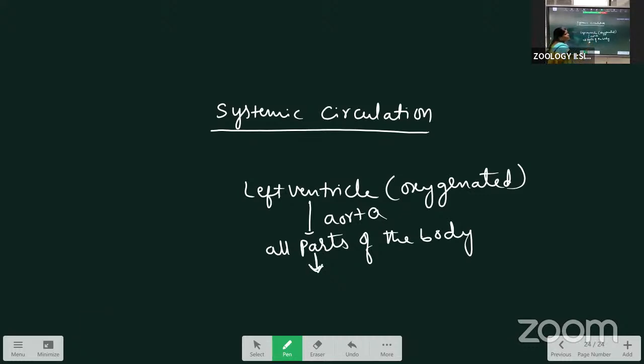The deoxygenated blood from all the parts is taken by the vena cava, also called the veins. The main veins are there.